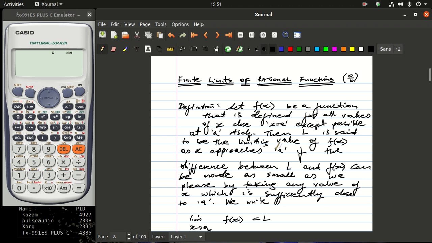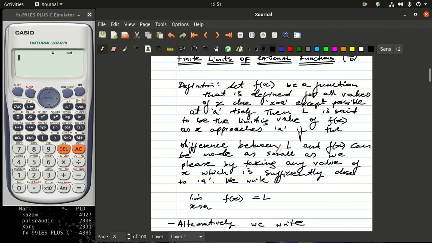Then I will say that this is the limiting value if the difference between these two can be found so small as I keep picking values of x that are so close to a.